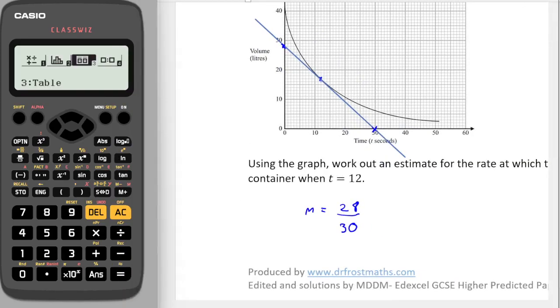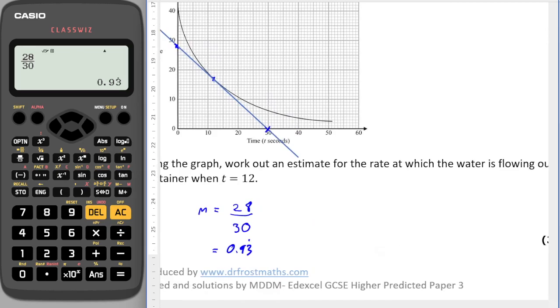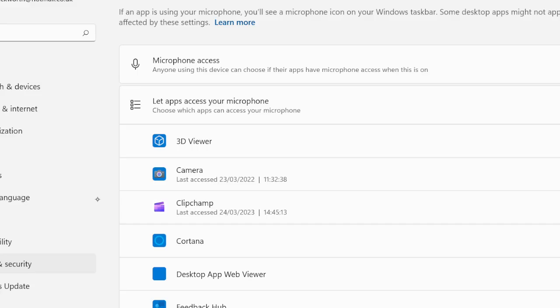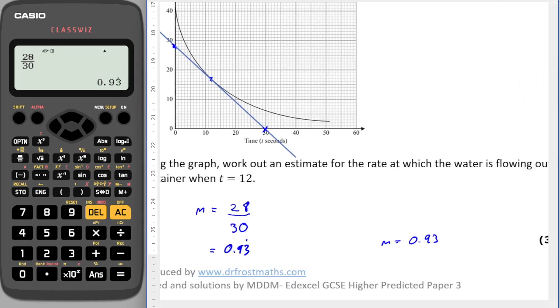So back into my calculator, 28 divided by 30 gives me 14 out of 15, or as a decimal, 0.93 recurring. So I'm going to say that the gradient is going to be equal to 0.93, and I'll give my unit as litres per second.